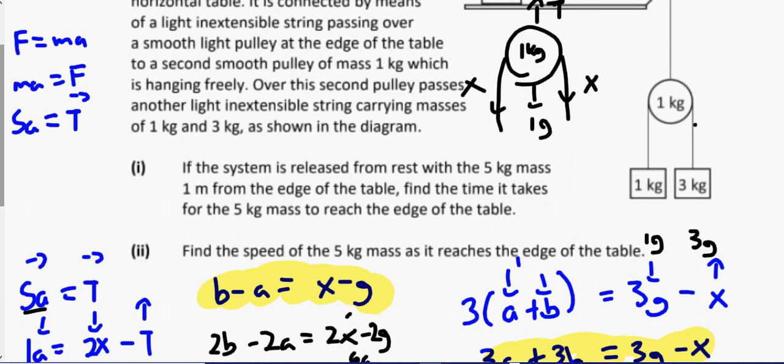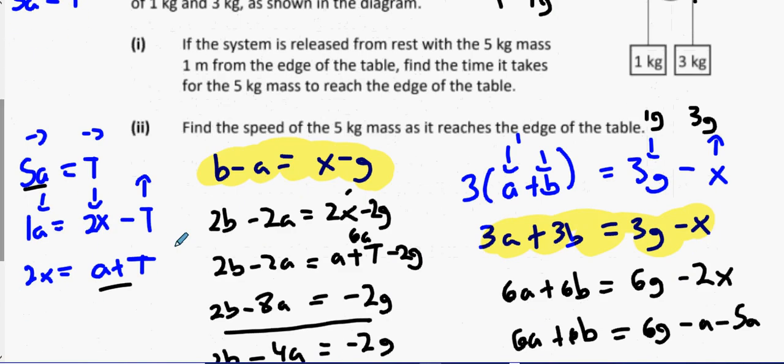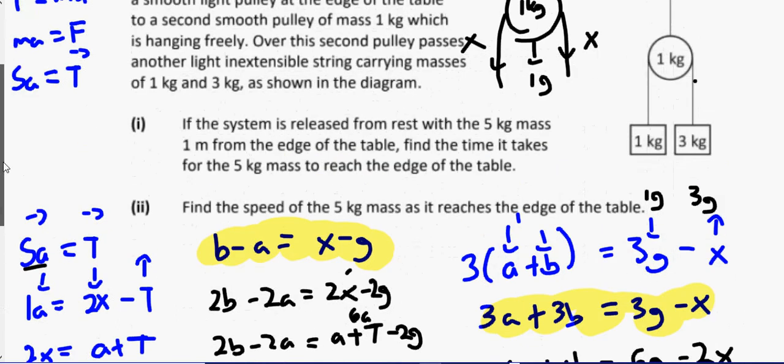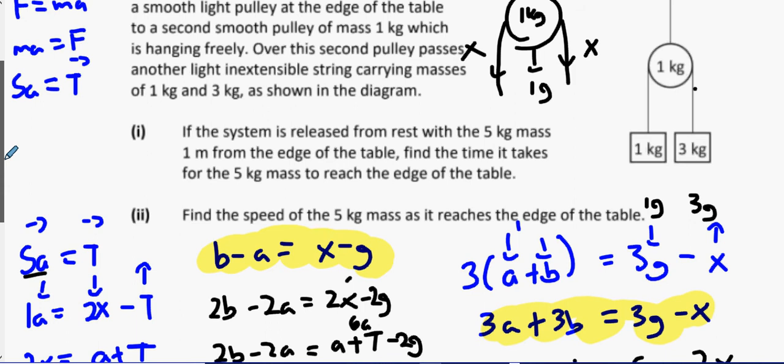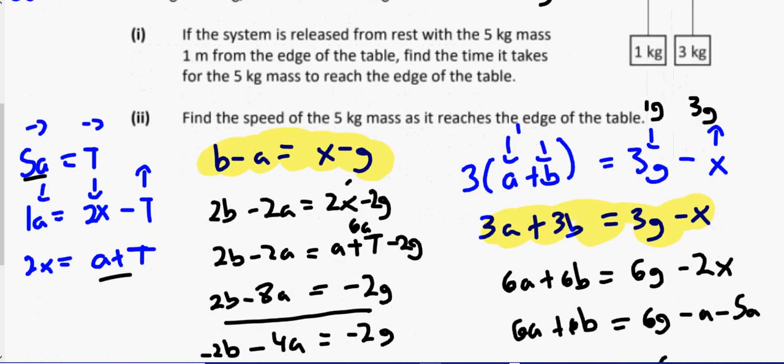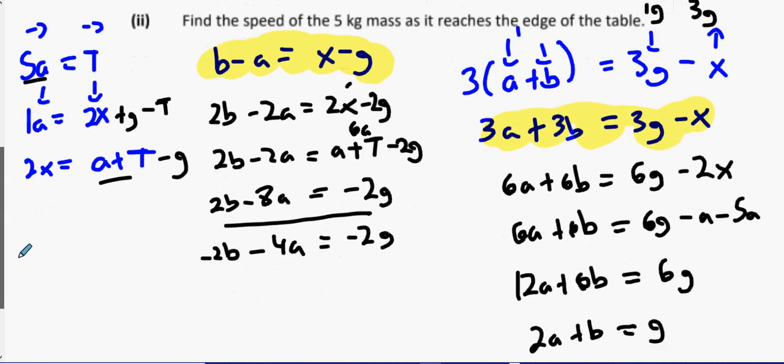So on this formula here, there should have been a g plus g there as well. So there should be a 2x plus g take away t. So then when we isolate 2x, it should be a plus t take away g. So I keep forgetting to take away g.